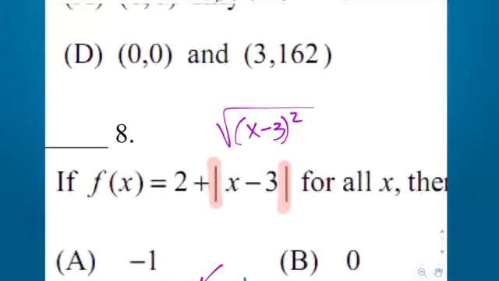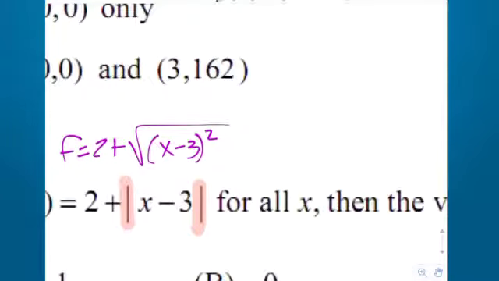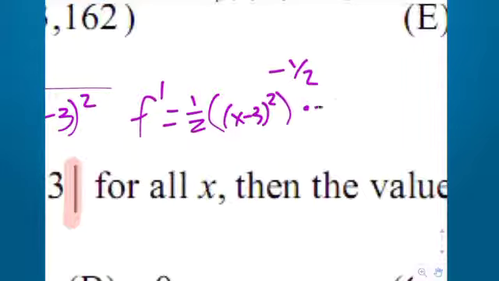You want to see what that looks like? Let's try it. So if that's f, then the derivative of f is going to be f prime. Here you're going to have to do 3 layers. You have blob to the 1/2, blob squared, and blob. So it'll be 1/2 blob to the negative 1/2, which is x minus 3 squared, times the next layer is blob squared, so it's 2 blob to the first, and then the derivative of the innermost blob is 1.